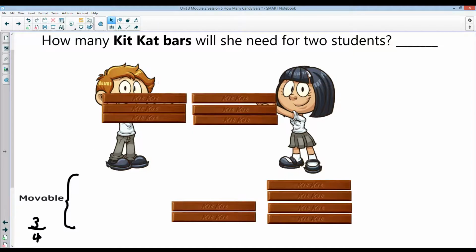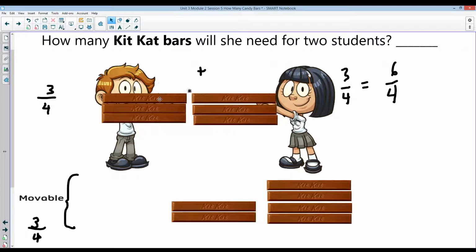So now we have to add some fractions. So we're going to do 3/4 plus her 3/4 equals 6/4. But that's improper. We can write it like that, but we want to regroup some out of there. So the nice thing about this, here's our 6/4.